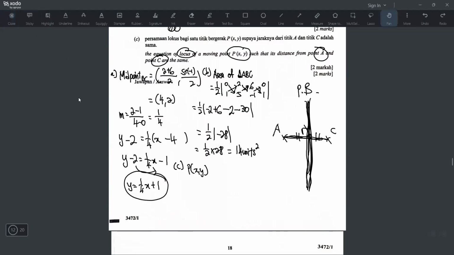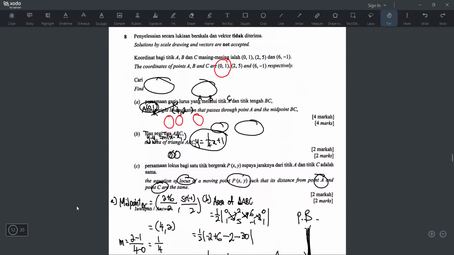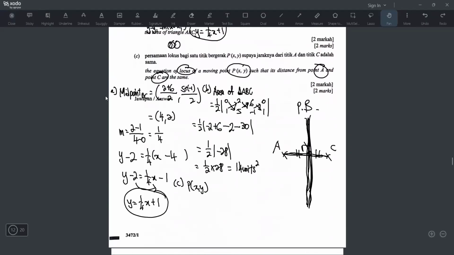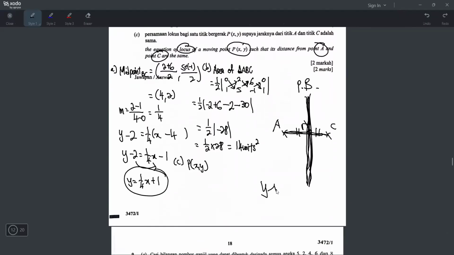Another method is you use this formula. The y minus y1 equals the gradient times x minus x1 formula. But for this formula, you need to find the gradient and the point yang passes through, right? Okay, for the gradient, you can find gradient of AC, and then you use the formula m1 times m2 equals -1, because the two lines are perpendicular, right?